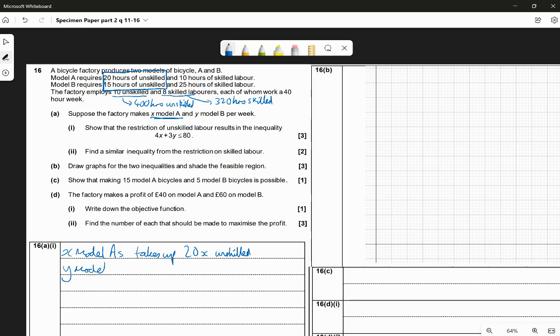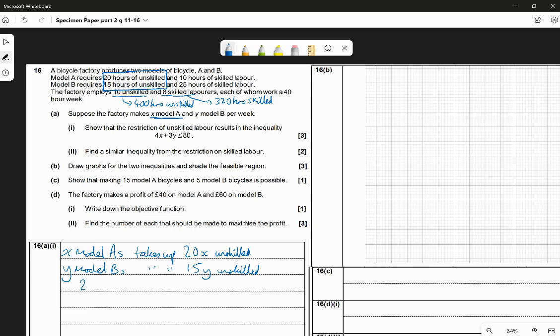y model B's takes up 15y unskilled hours, because every model B requires 15 hours of unskilled. And so if I have y of them, that's 15y.